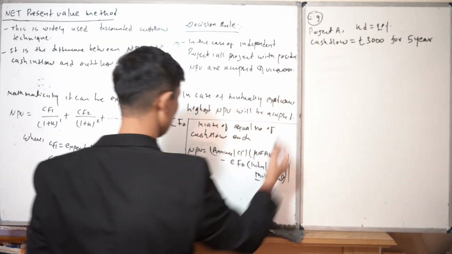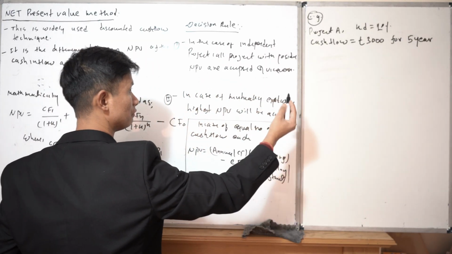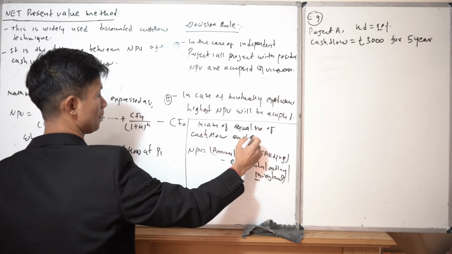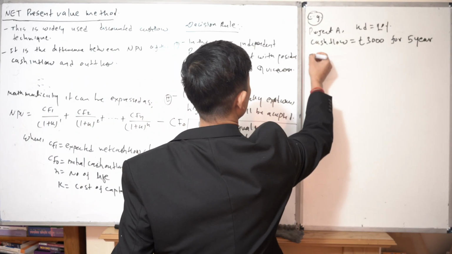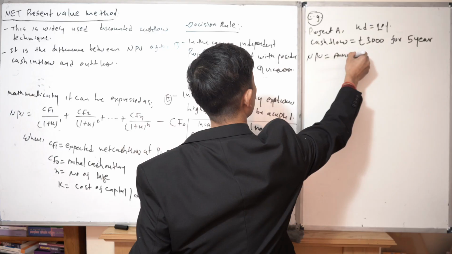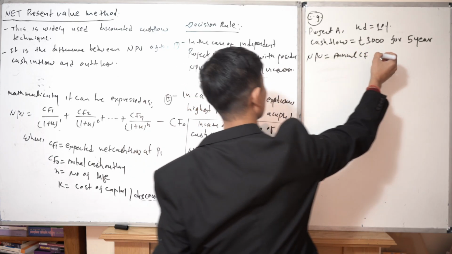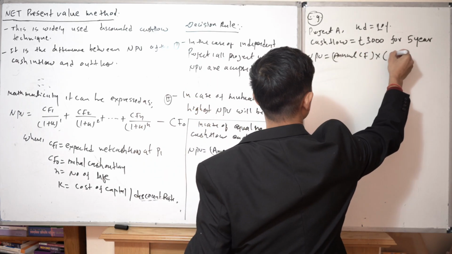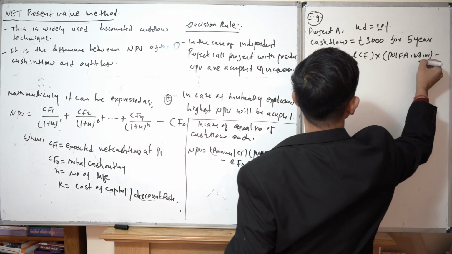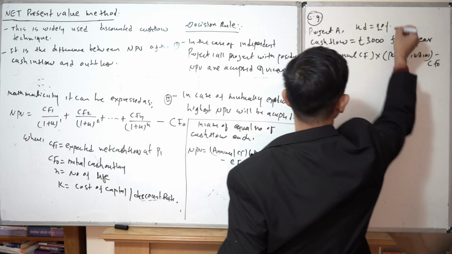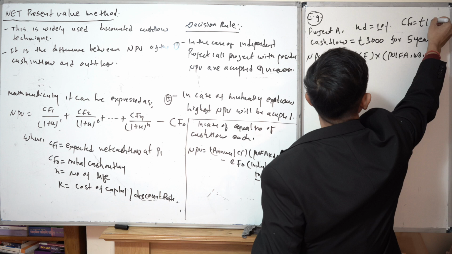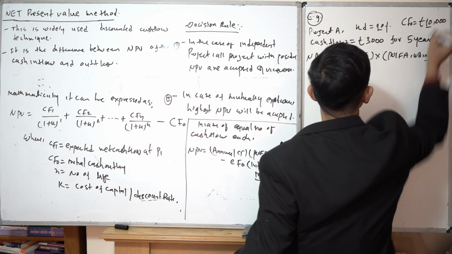As for project A, the cash flow is 3,000 for 5 years, so we can use the equal cash flow each year formula. That is, net present value is equal to annual cash flow multiplied by the present value interest factor, minus cash flow 0. We know that cash flow 0 for project A was £10,000.